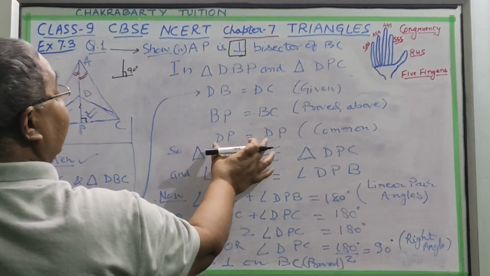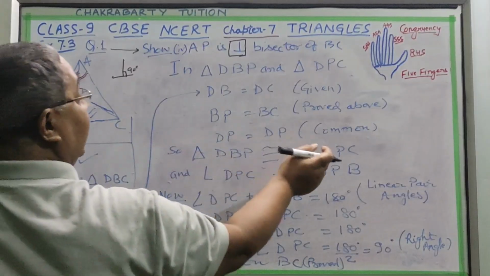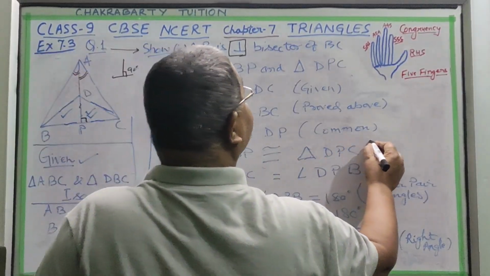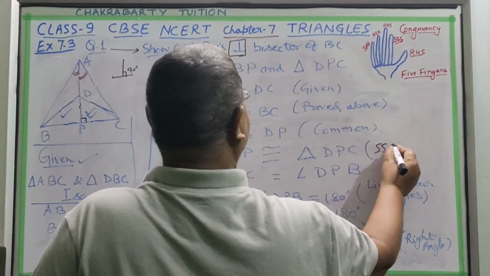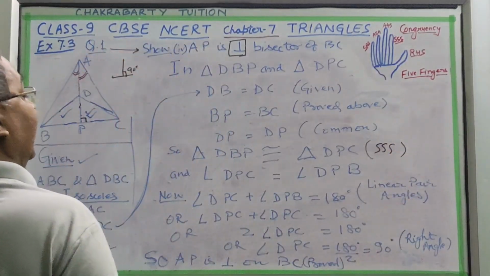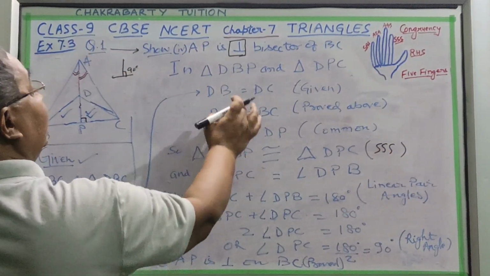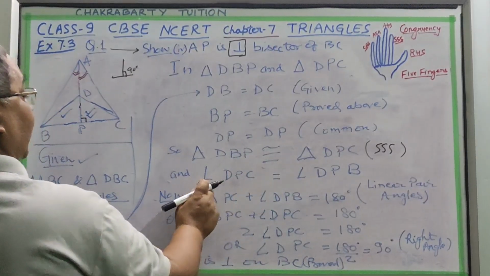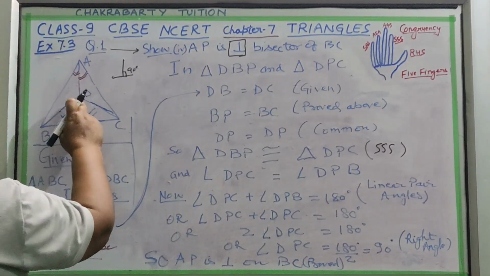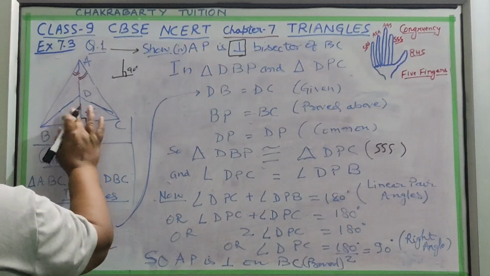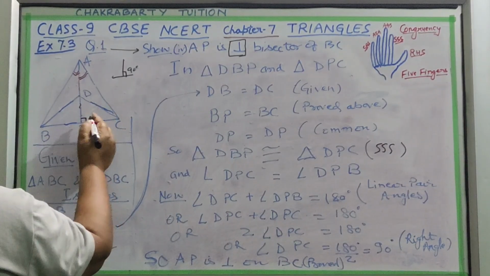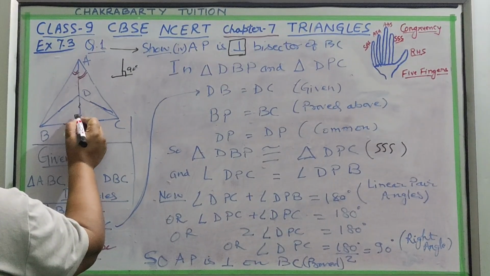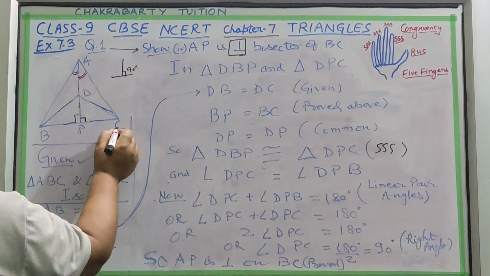And this DP line is common. So based on the side rule, these two triangles are congruent. If these two triangles are congruent, it means angle DPB and angle DPC are equal.